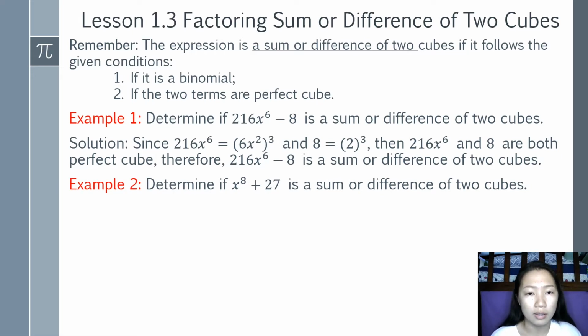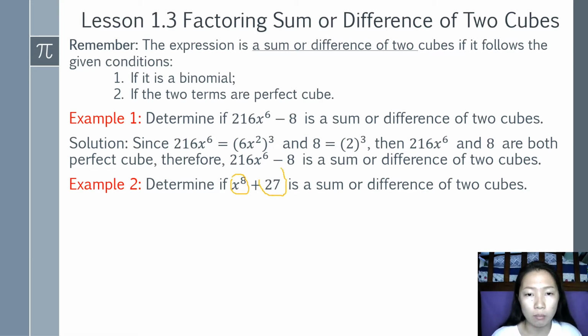Example 2. Determine if x raised to 8 plus 27 is a sum or difference of two cubes. Okay. May cube root ba ang x raised to 8? So, dito pa lang, sa x raised to 8 pa lang, hindi na nagsatisfy kasi hindi siya perfect cube.